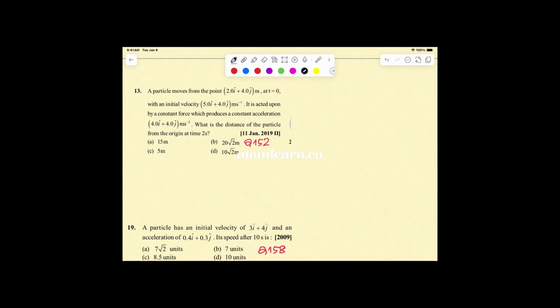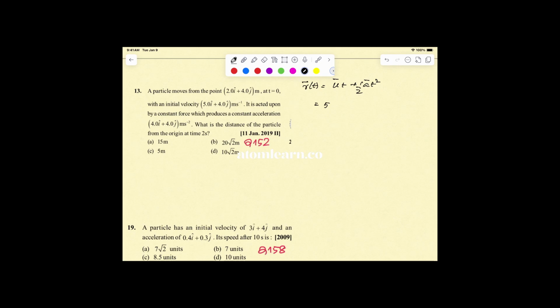That means now you have to find the r vector. Because it is a constant acceleration, you can write r vector using the ut plus half a t squared form. Of course, the initial position is not zero, so we have to add it.